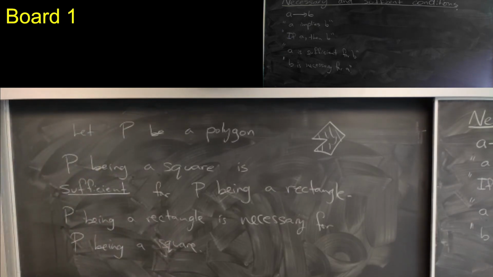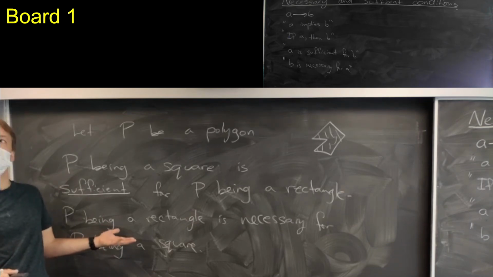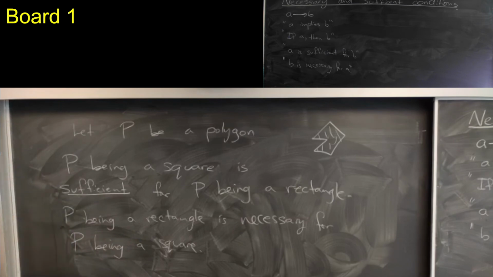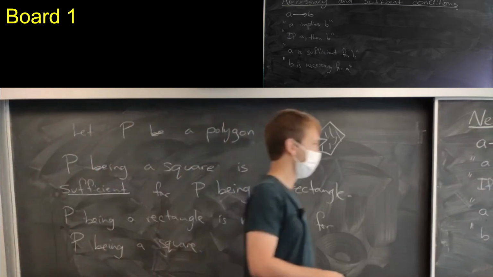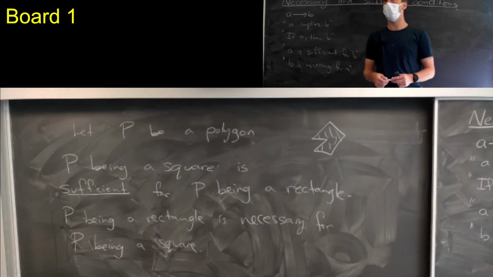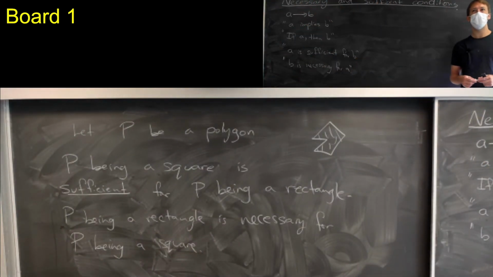If you think of what that sentence means, it's true. To be a square, you have to be a rectangle first, so it's necessary to be a rectangle to be a square. Okay. Any questions about this? This is all just giving you more and more terminology.